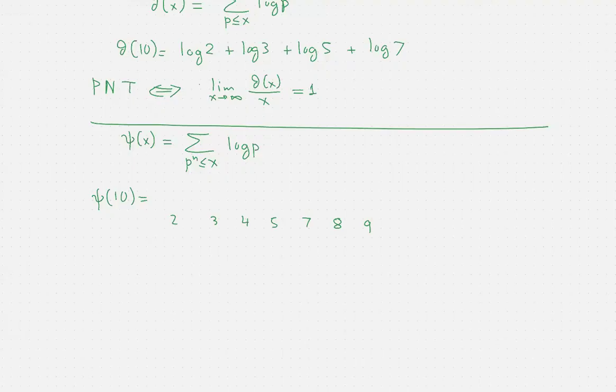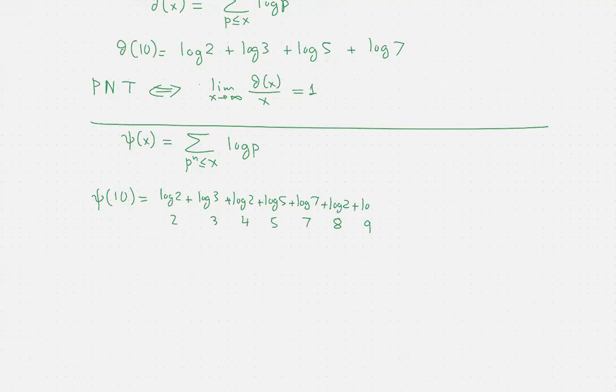I mean, if the exponent is 1, it's a prime number. So this is accounted for by log 2, and this by log 3, and this by another log 2. Remember, if you have p to the n, then you just put log p. So log 2, and log 5, and log 7, and again log 2, and then again log 3. Okay, so this is the psi function.